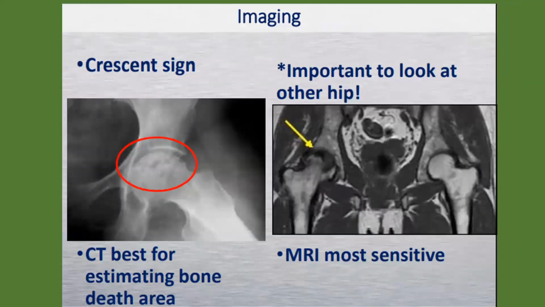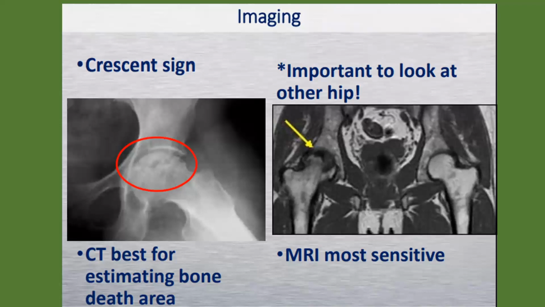We speak a lot about the crescent sign. Why? Because this is the limit where we can do conservative treatment, before arthroplasty. You can demonstrate it well by means of an MRI. Crescent sign is a radiolucent line underneath the infarcted portion of it.